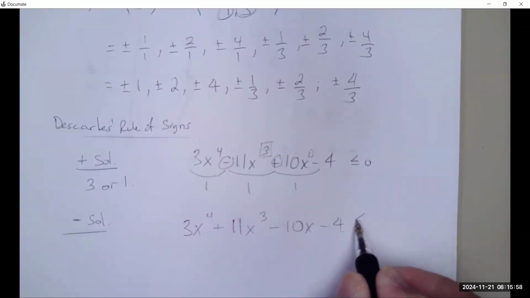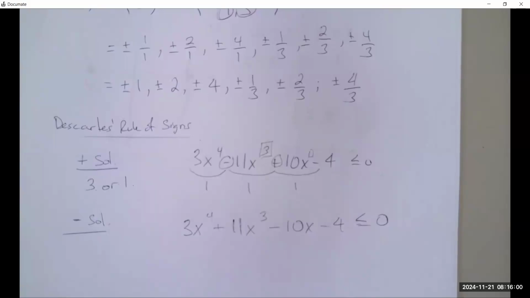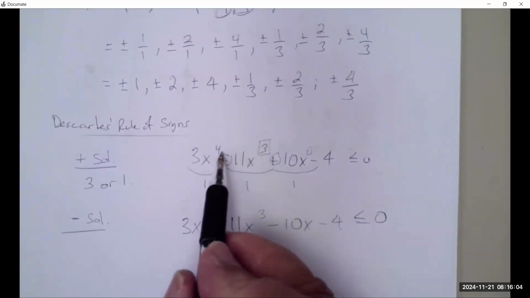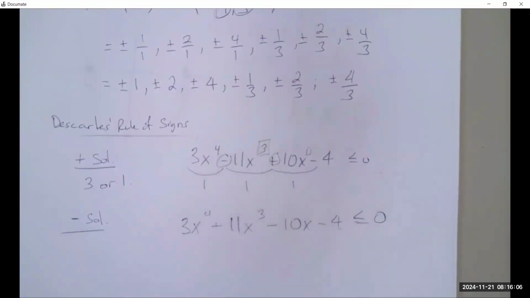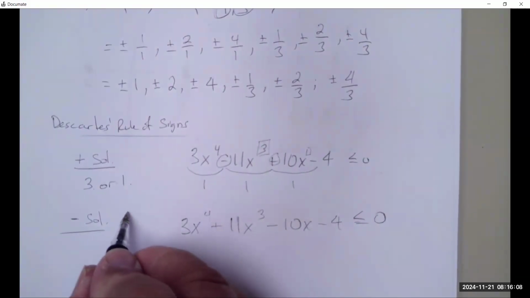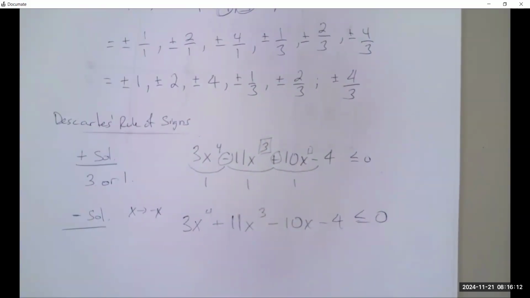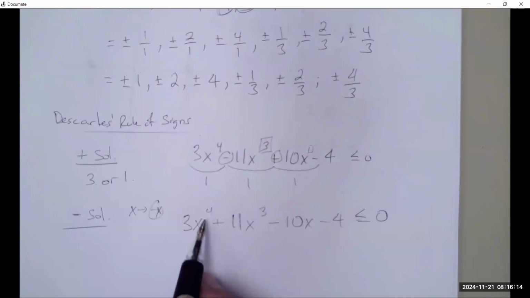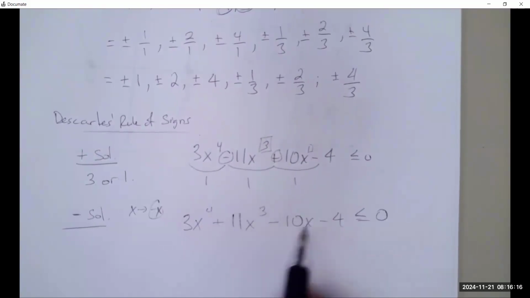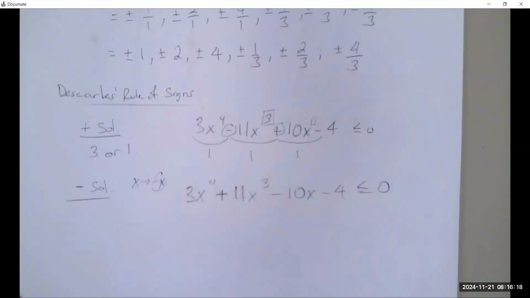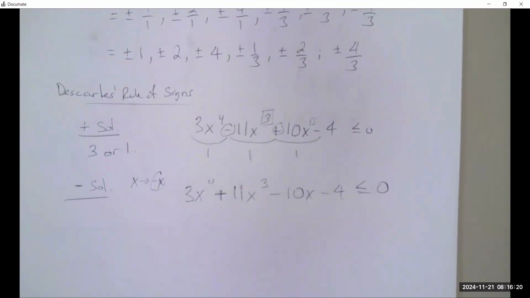Because if you put a negative inside, like negative 2 to the power 4, it's going to be positive. So the even exponents get rid of the negatives. Remember, we're supposed to change x to negative x. This one makes it positive, and this one changes to negative. Now count the sign changes here.